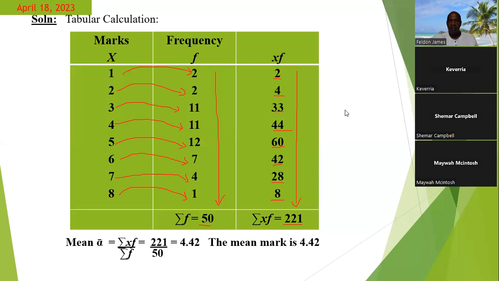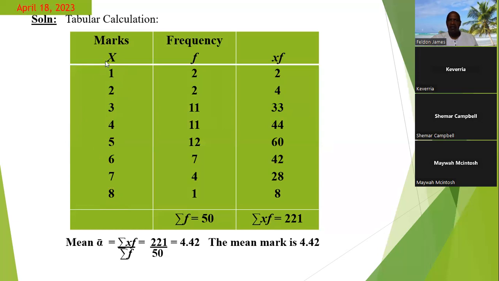All right, so this is how we would calculate the mean of just a simple frequency distribution. Now remember that we can also arrange our data in a group distribution table. And so when we do it like that, the procedure to calculate the mean would be similar, but we would have to take into consideration now that our X values will now be in classes instead of just single X values ranging from smallest to largest.